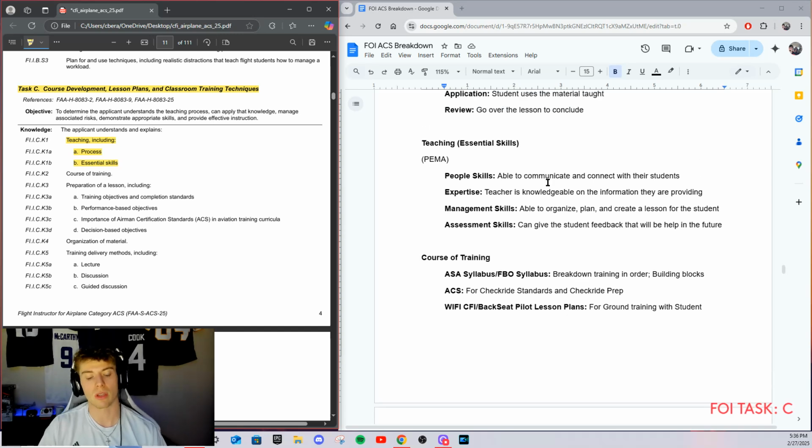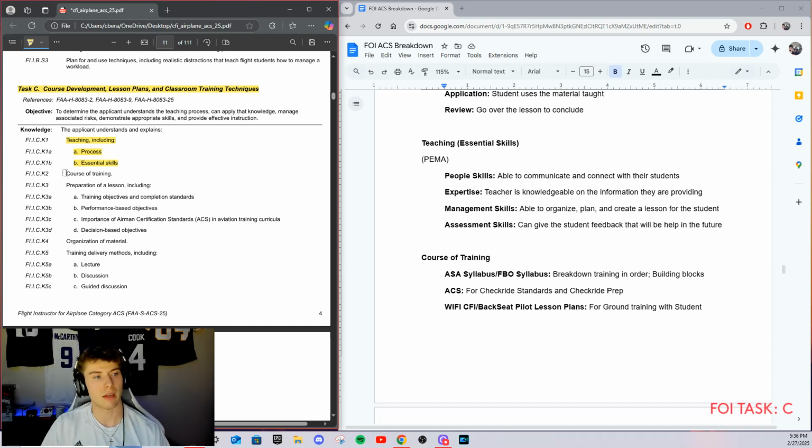And like we have our lesson plans that break it down for us perfectly in order. You can also use like the syllabus, just coming in with an idea of what you're going to do before that student comes in. And then assessment skills, you can give the student feedback that will help them. So in order for them to learn, you have to give them feedback. That way they know what they did right, what they did wrong, and that helps them learn.